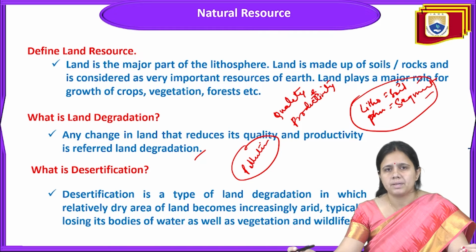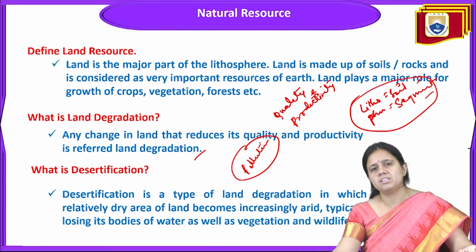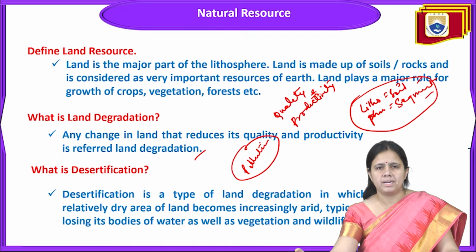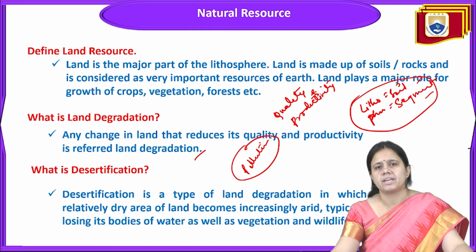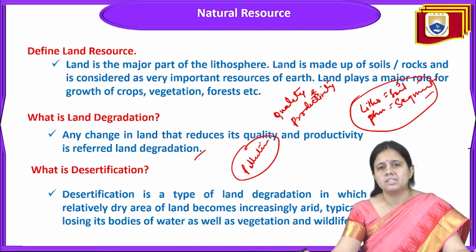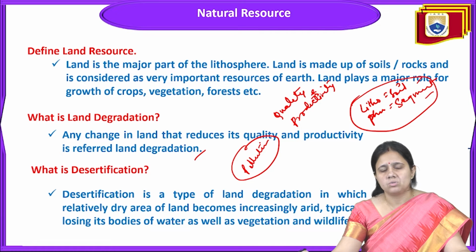For example, some industries, such as thermal power plants, sometimes openly dump their fly ash on a land area. After dumping of this fly ash on open land, the heavy metals present in the fly ash enter into the soil, and that reduces the quality and productivity of that particular land.